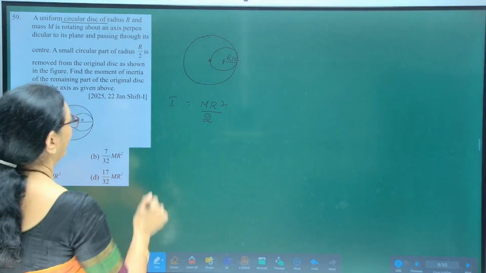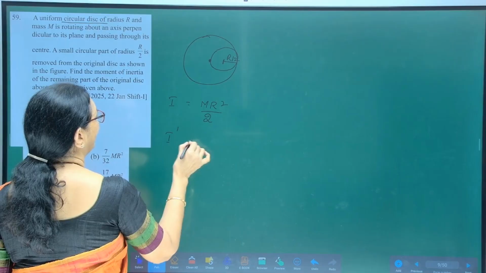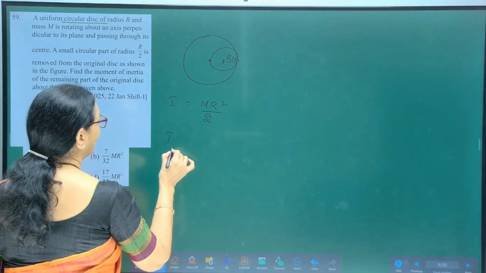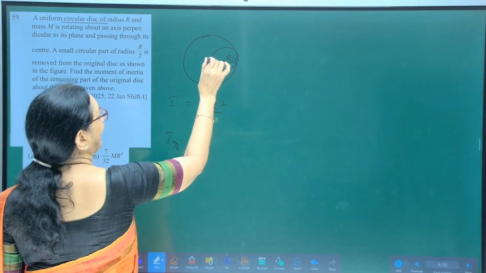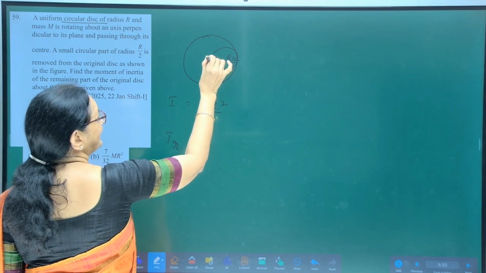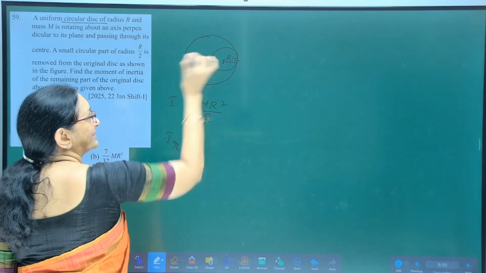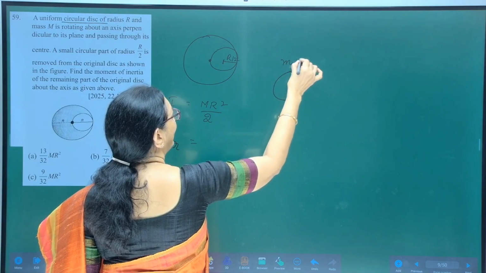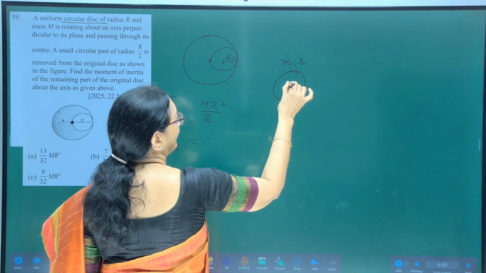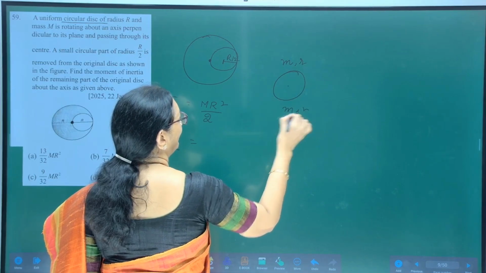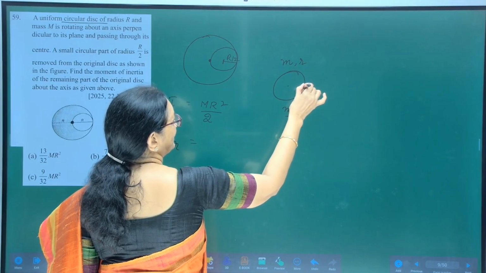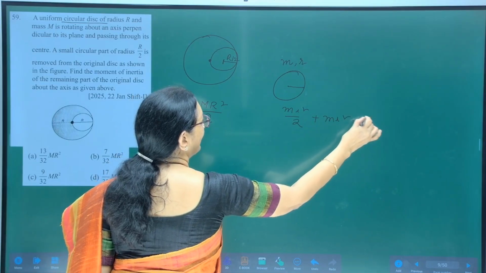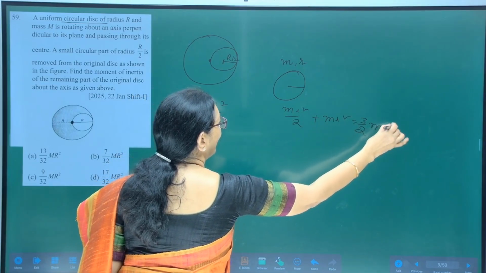Okay. So, here moment of inertia of the removed part, let us take it as IR, moment of inertia of the removed part about this axis. This axis becomes a tangential axis perpendicular to the plane. For a disc of mass m, radius r, moment of inertia is mr square by 2 about the central axis, and after taking the parallel axis theorem, it becomes 3 by 2 mr square.